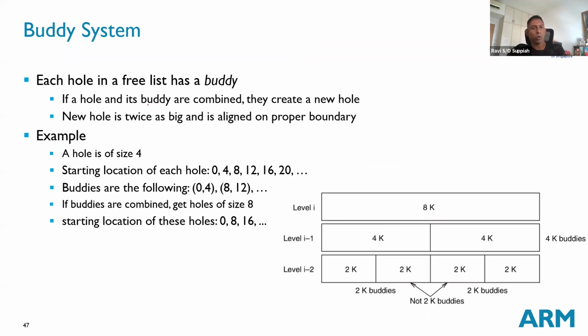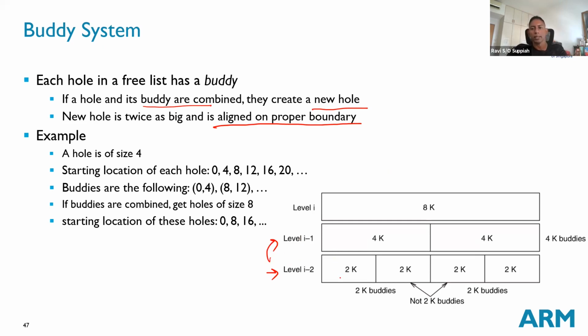An extension of this is what we call the buddy system, where each hole in a free list has a buddy that you can use to combine and create a bigger hole. But this only happens if there is alignment on the higher level boundary. Higher level means that if I want to do any grouping here, I need to check whether it is aligned to the higher level boundary.